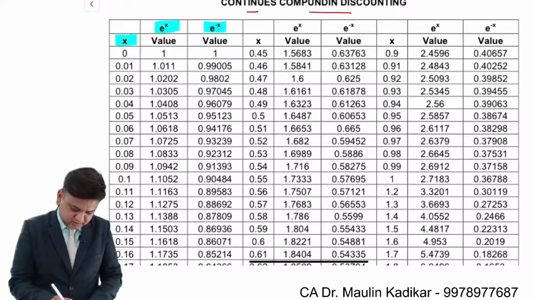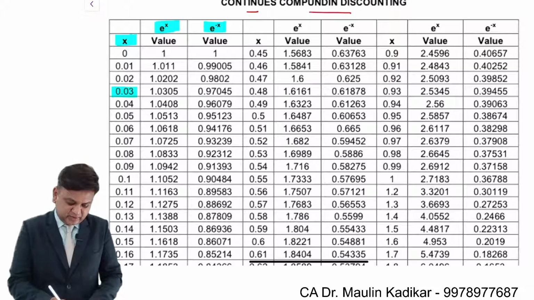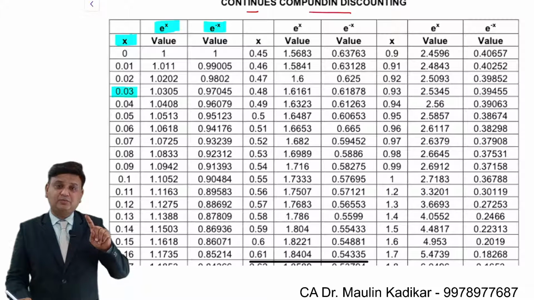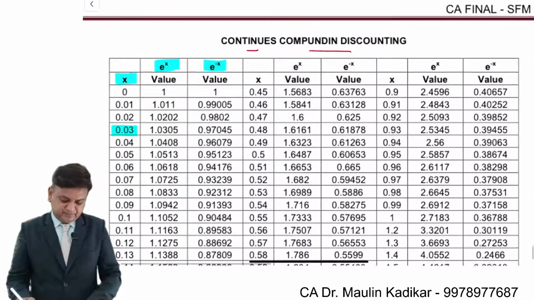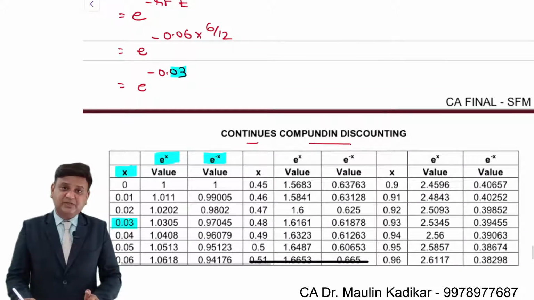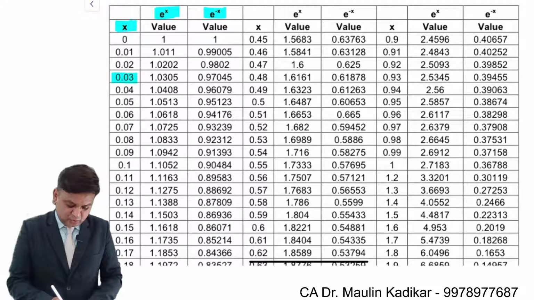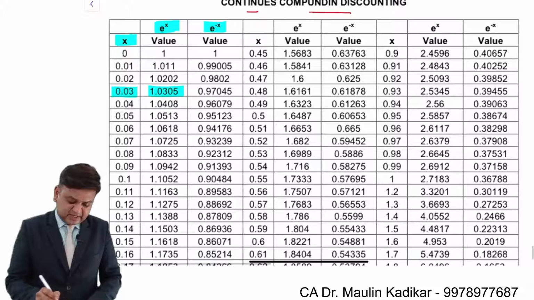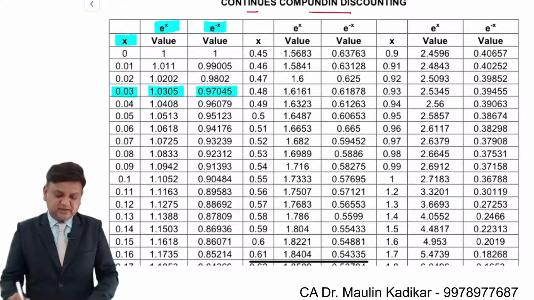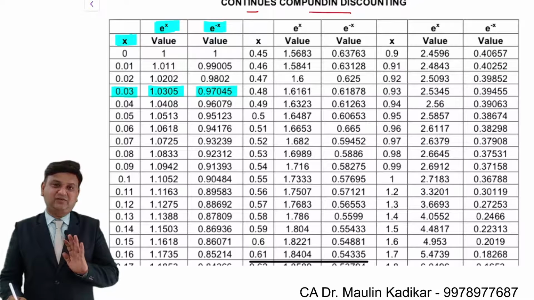So here, e raised to x, what is e raised to x? That is for 0.03. If the value is positive, then that is the compounding factor, 1.0305, and if it is e raised to negative x, then it is the discounting factor. This is the way we have the compounding factor and the discounting factor.